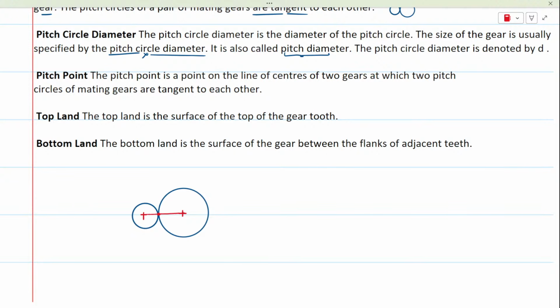If I draw a line joining the centers, this is called the line joining centers. So the pitch point is a point on the line joining centers at which the two pitch circles are tangent to each other. Basically, the point where the two pitch circles touch each other is called the pitch point. This is P, and P here is called the pitch point.